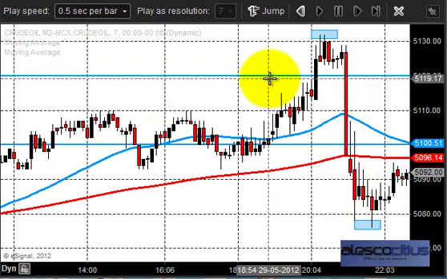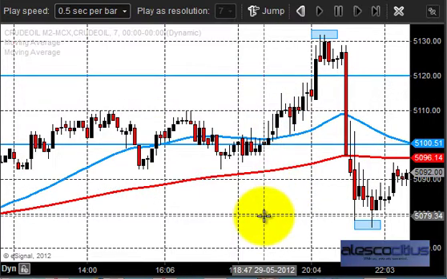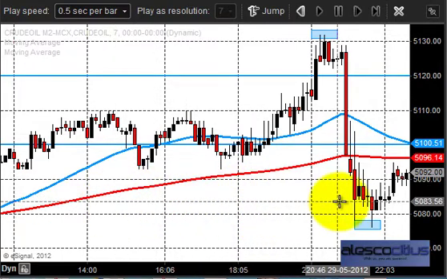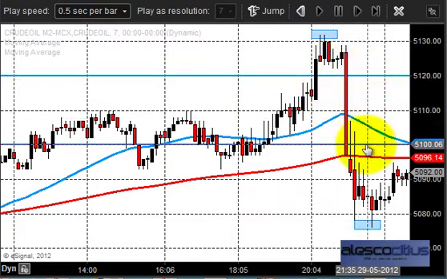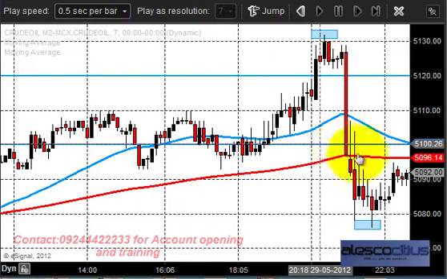If you are continuously watching the crude market, you can see the market is consolidating for a long time. Right from May 21, the market is consolidating within the zone of 5120, and every day we are seeing this 5120 and 5100.